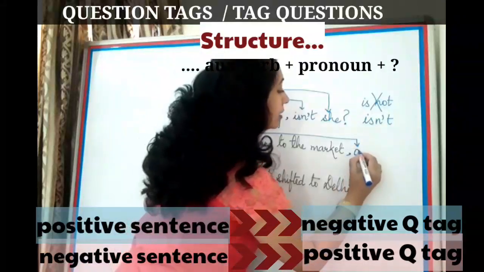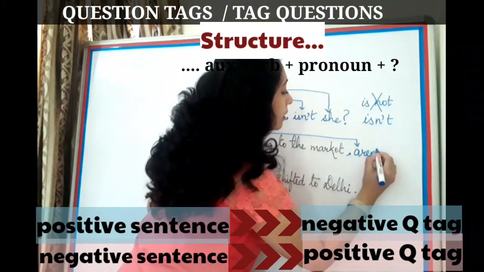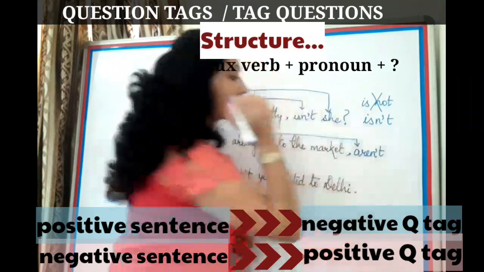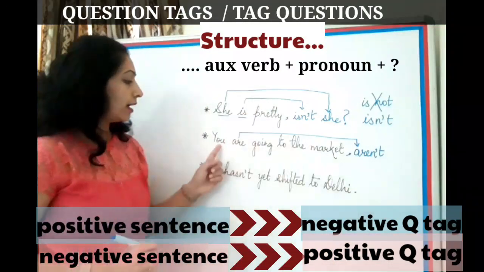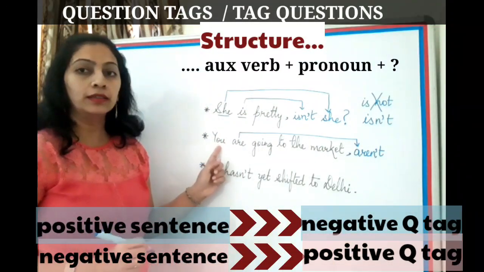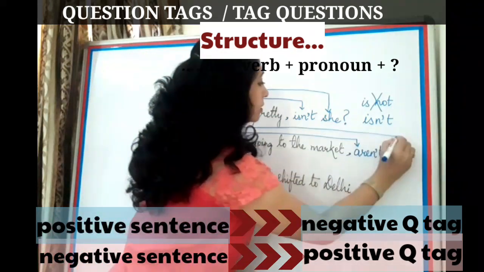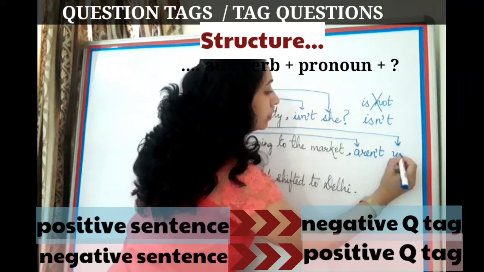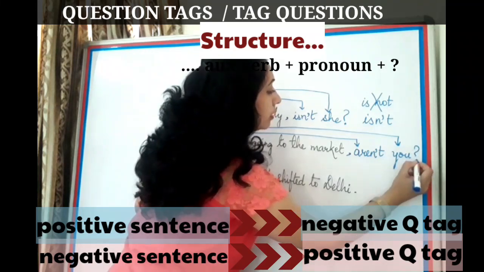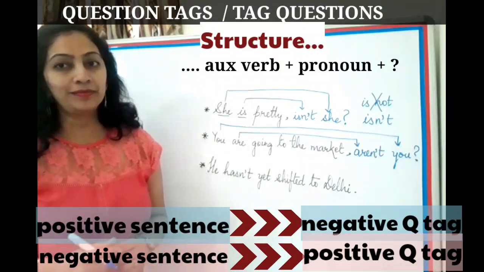So I will write aren't, the contracted form. And then next is I have to take the pronoun. My pronoun is already you here. So write down you and put a question mark.